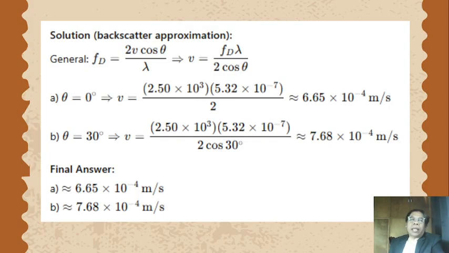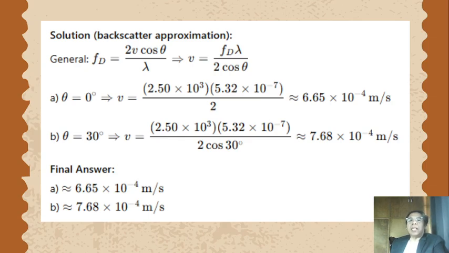So our theta is at 0 degrees. We know that cosine 0 is 1. So the denominator will only be 2. And substitute the given FD together with the wavelength. And the answer for the linear velocity is 6.65 times 10 raised to negative 4 meter per second.